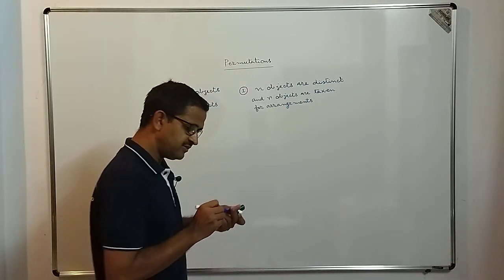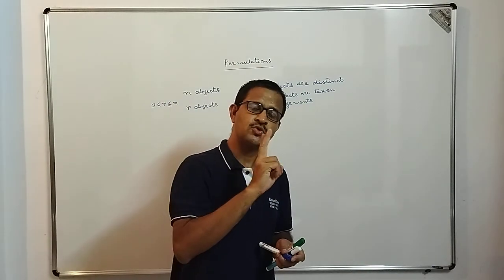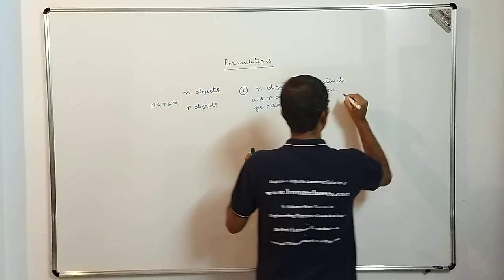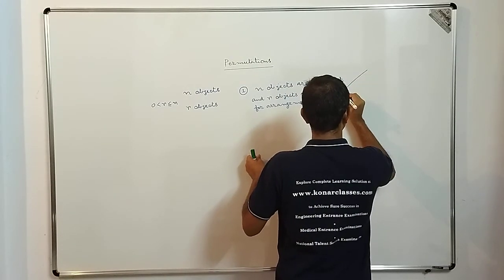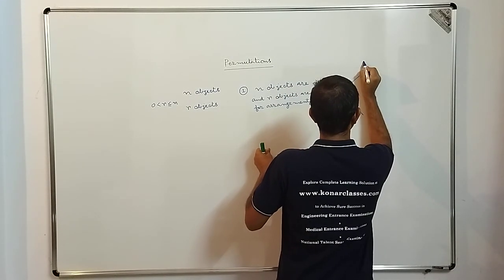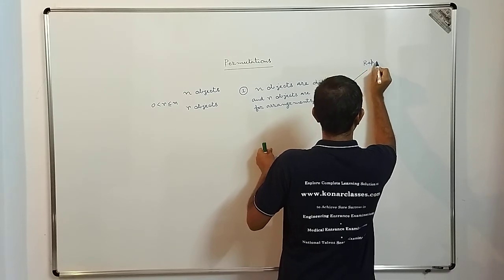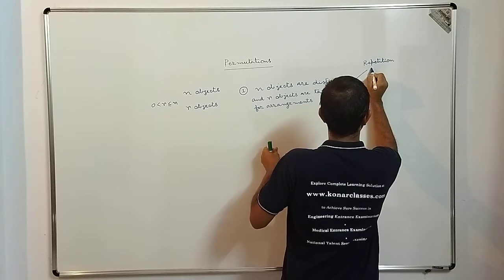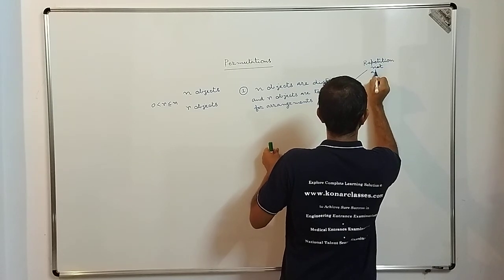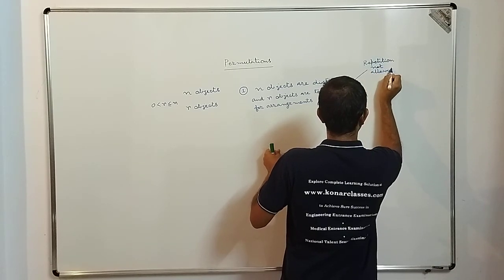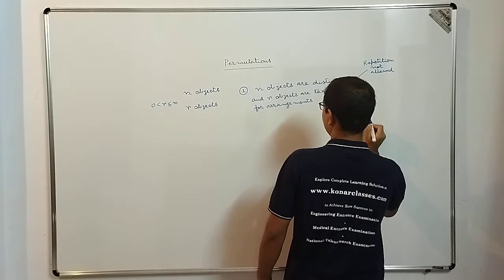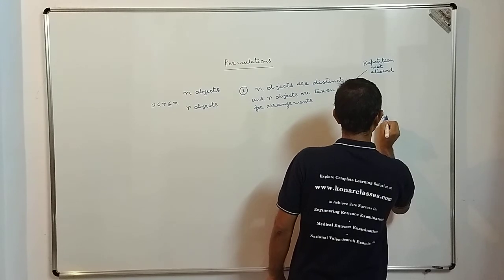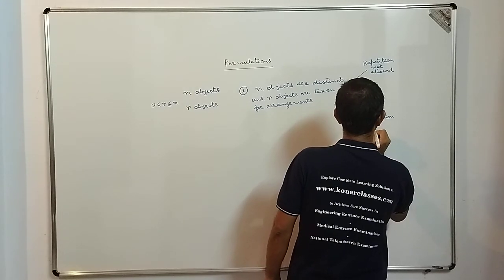Now in this case there are two scenarios possible. First one is that repetition is allowed or repetition not allowed. If repetition is not allowed, this is one case, and the second one is repetition allowed.